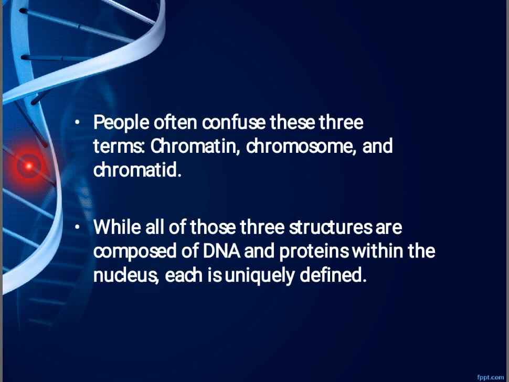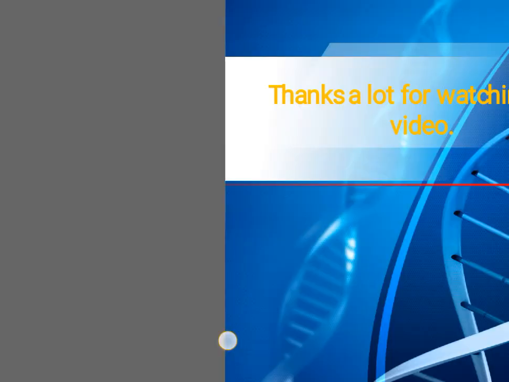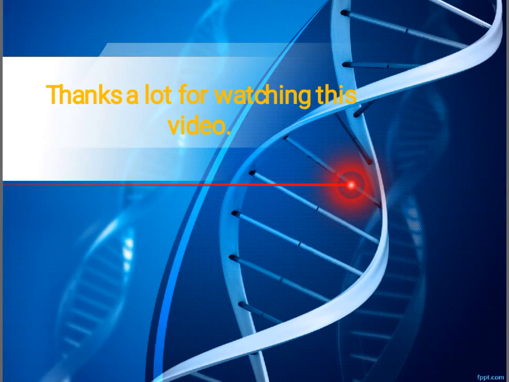To summarize this topic, chromatin is a complex of macromolecules composed of DNA, RNA, and protein. Chromatin exists in two forms: heterochromatin, also known as condensed chromatin, and euchromatin, known as extended chromatin.